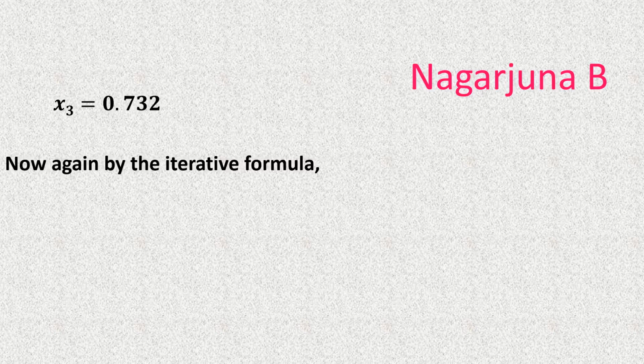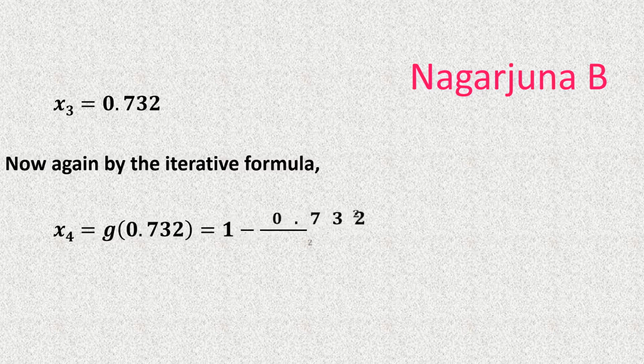So first x4 equal to g of 0.732 equal to 1 minus 0.732 whole square divided by 2. It is equal to 0.732. That is x4 is equal to g of x3.